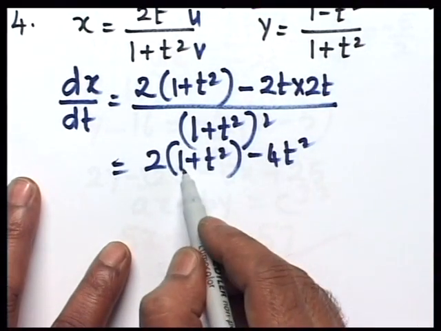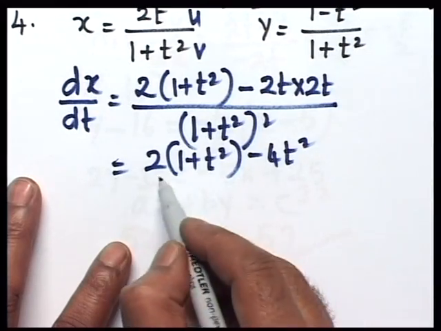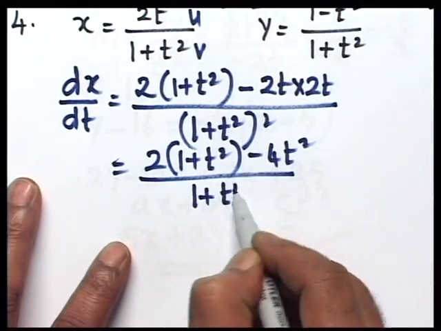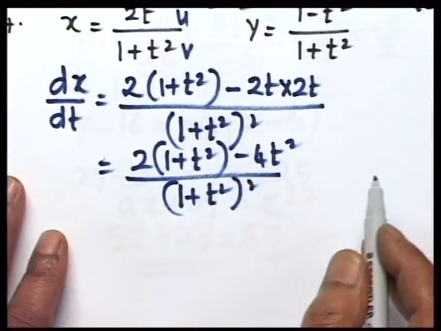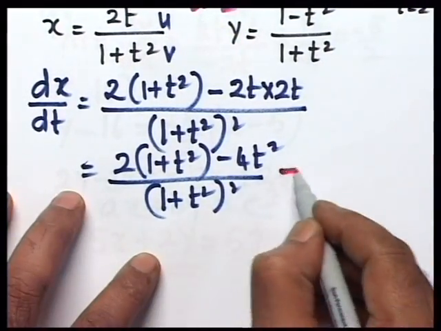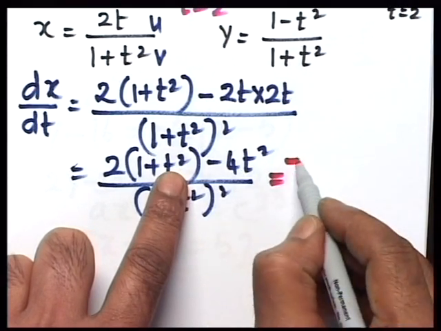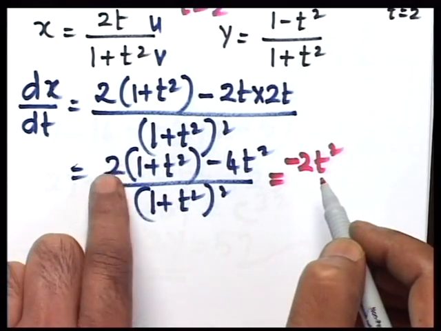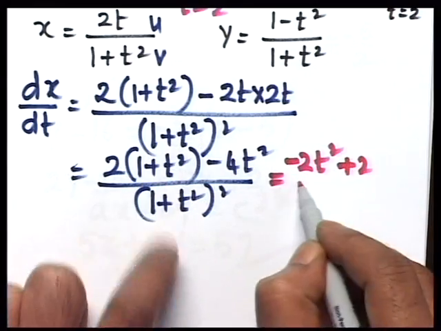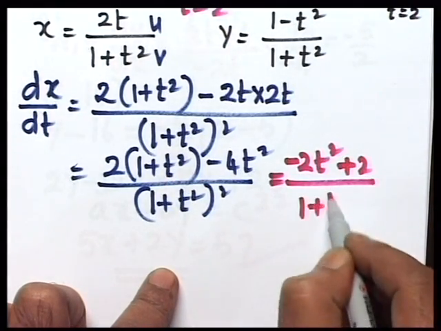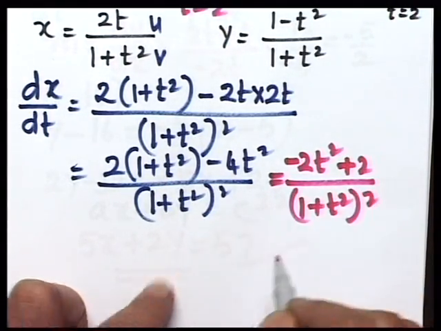Well, you can actually open the bracket. Then we have 1 plus t squared whole squared, please. Let me just do that here itself. 2t squared minus 4t squared will be minus 2t squared. Then 2 times 1, 2, so that's plus 2 divided by 1 plus t squared whole squared.